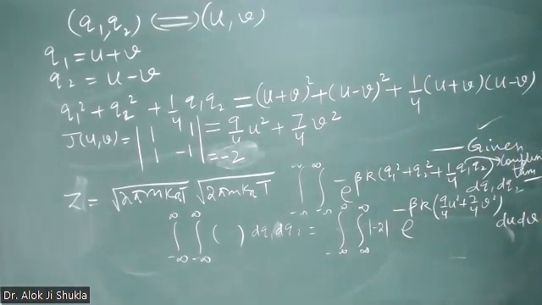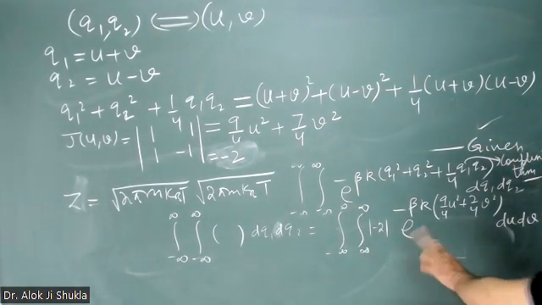So this is the beauty of Jacobian transformation, that cross term is gone now.